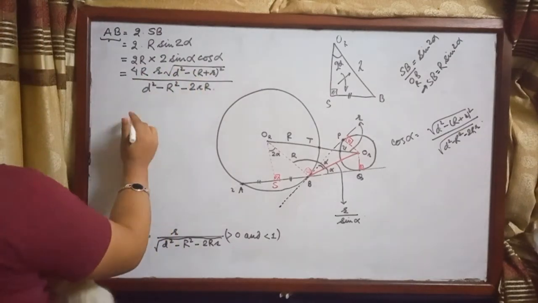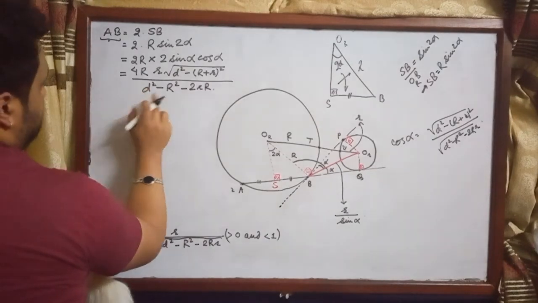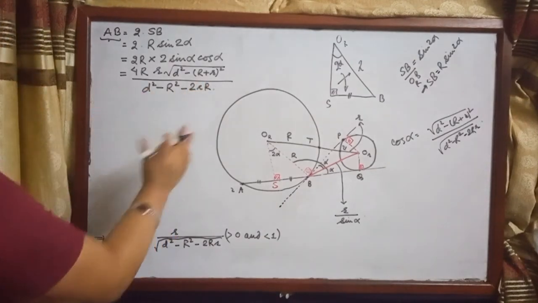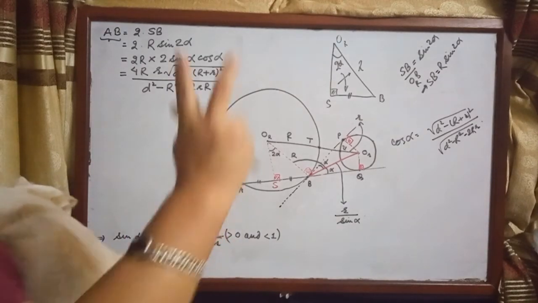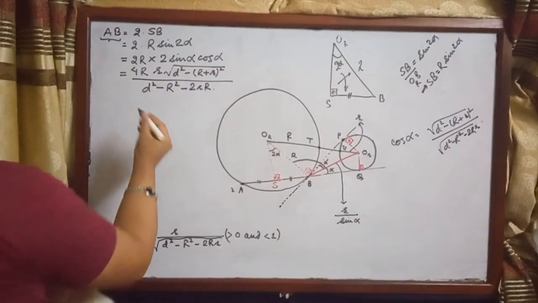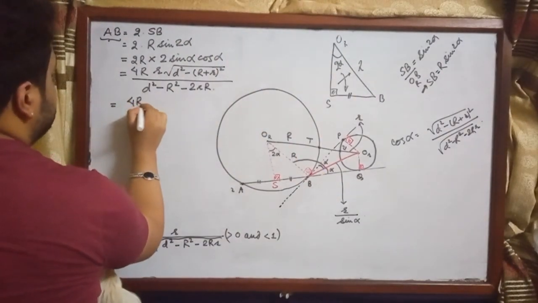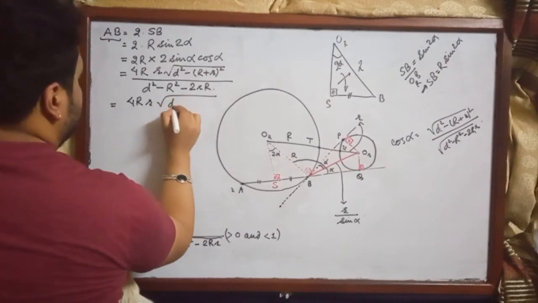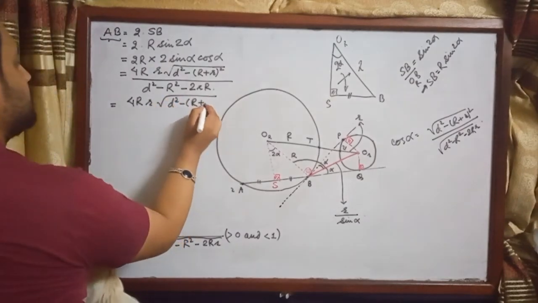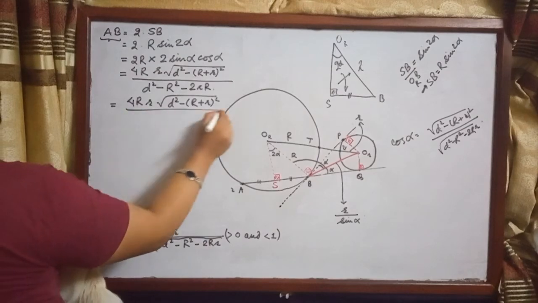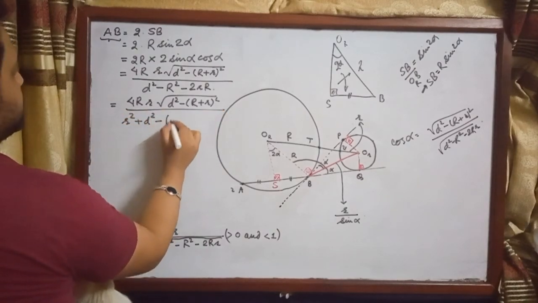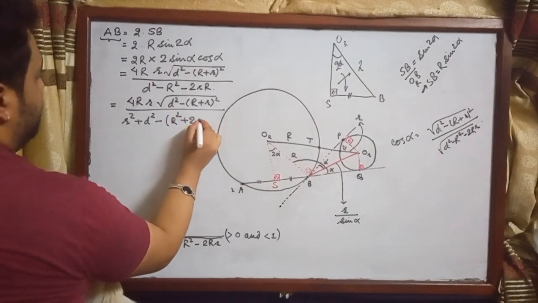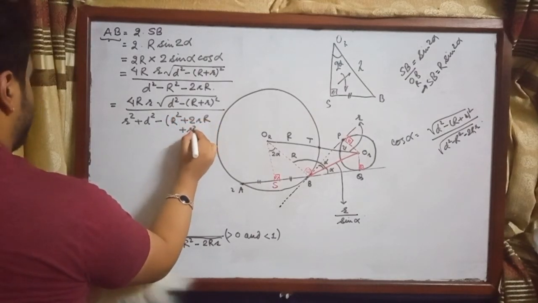So it involves only D, R, and r. We can stop right here, but to make it a little nicer, let's write it as r squared over r squared plus d squared minus r squared plus twice r plus r squared.